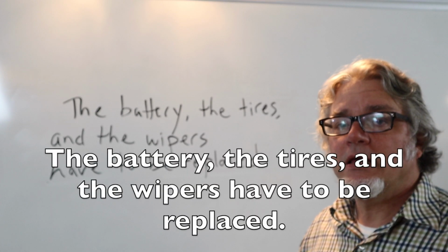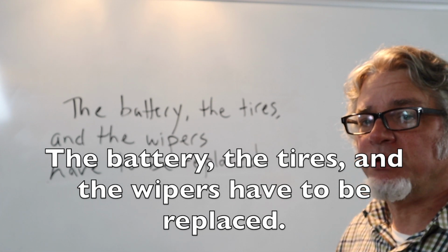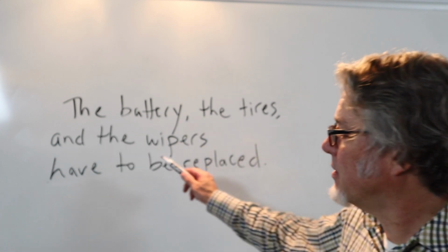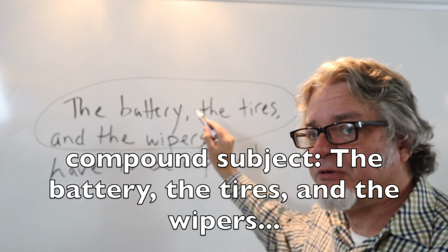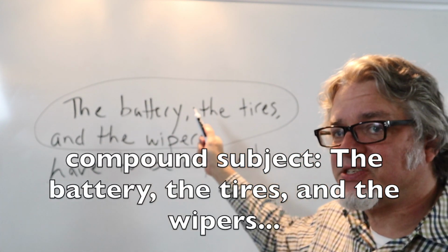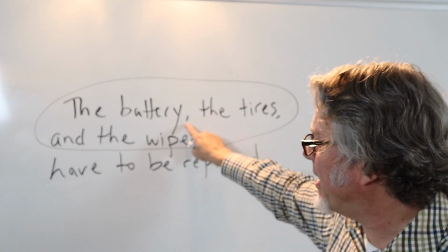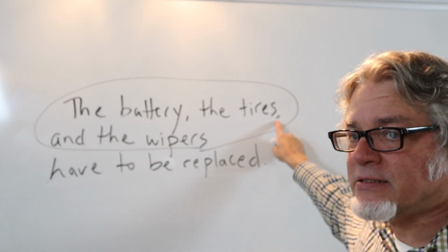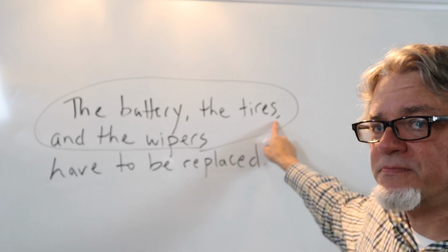The battery, the tires, and the wipers have to be replaced. Here in the position of the compound subject are three things, and they're in a series. So it's necessary to put a comma after battery and tires. The battery, the tires, and the wipers.